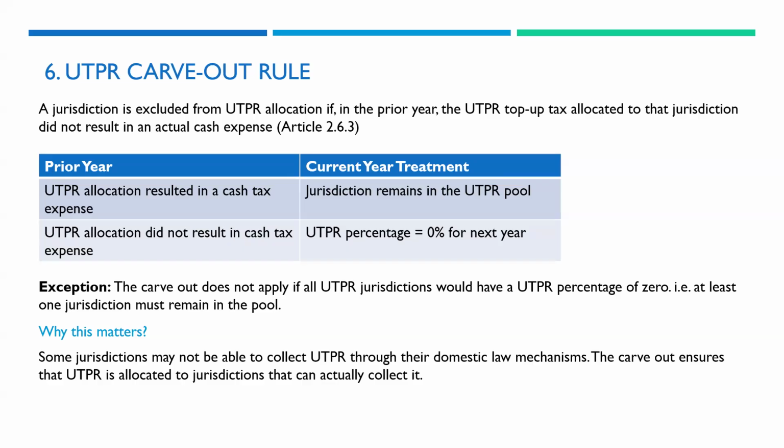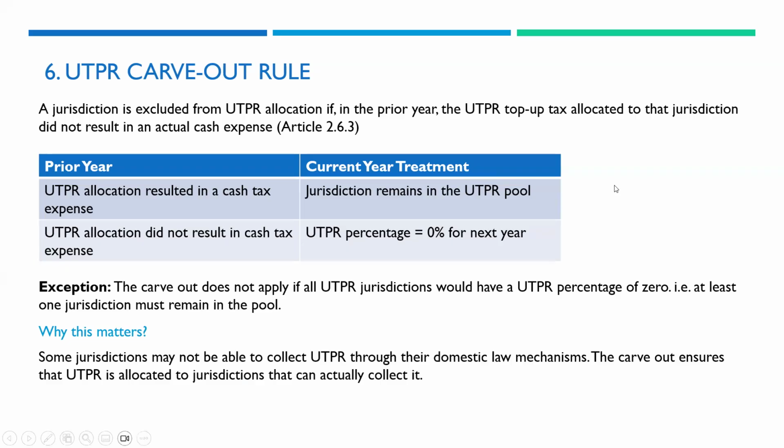Understanding the concept of this? Yeah, they have tried really hard to make sure that you don't escape any taxes. They have closed all the loopholes. Yes or no? Did you understand the UTPR carve out rule, why it is there? It's just to avoid revenue loss. Okay.